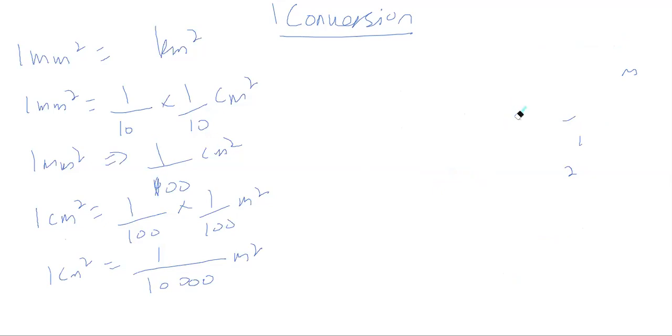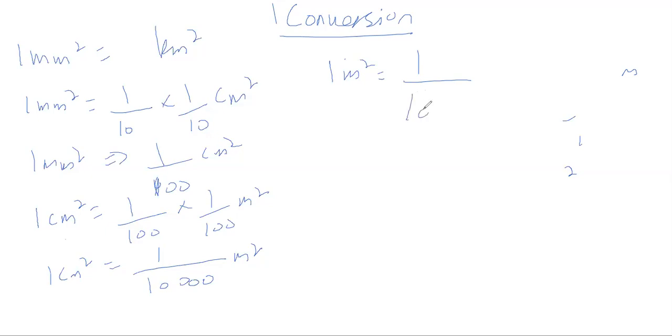Achha. So 1 meter square should be equal to how many kilometers square? Mustafa and Fazia, tell me. 1 meter square would be how many kilometers square? In 1 kilometer there are 1,000 meters.